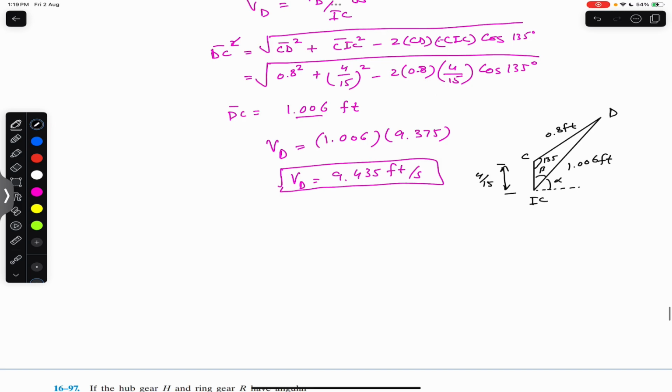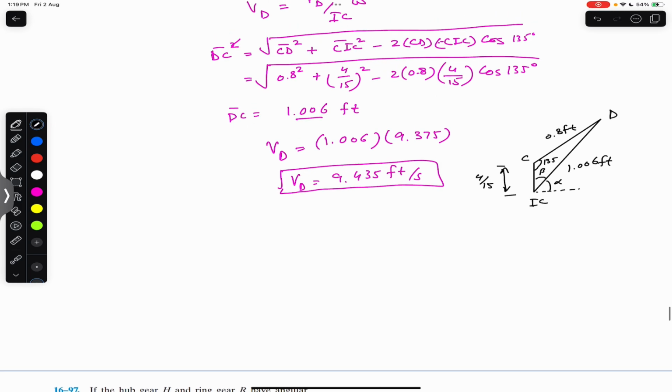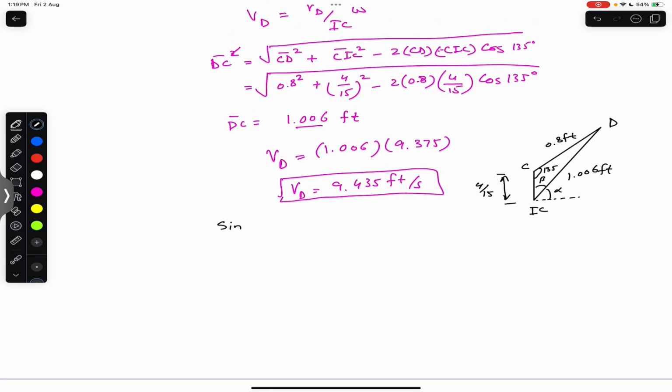Now the angle beta, using the law of sines, we can say that sine of beta divided by the magnitude of the opposite side, which is 0.8, equals sine of 135 divided by the magnitude of the opposite side.